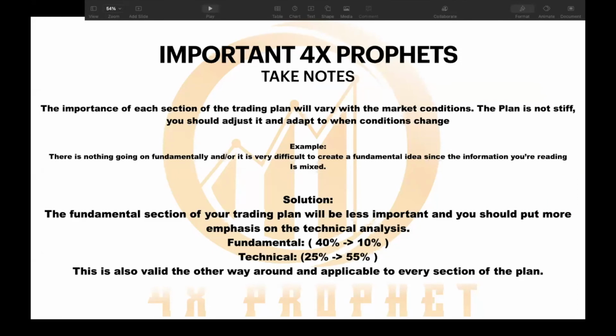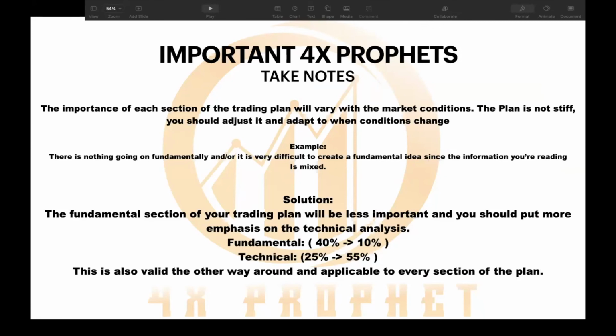Solution: the fundamental section of your trading plan will be less important, and you should put more emphasis on the technical analysis. So now the fundamental part of your trading plan drops to 10%, and your technical analysis increases to 55%. All right. Let me know if I suck with math. I did calculate that before I did it, but that should be right.